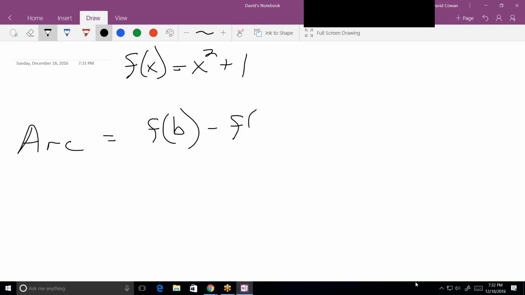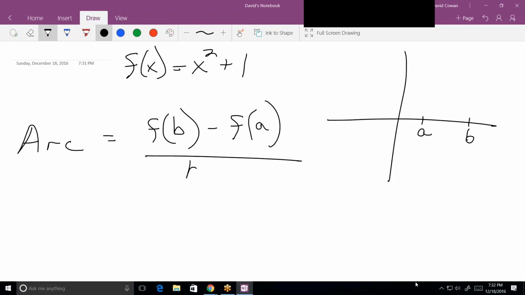In other words, if it's between a and b, then b is the first one you put, and the bottom has to be in the same order. As long as the bottom's in the same order, it doesn't really matter. I could do f of a minus f of b, as long as I did a minus b in the bottom, I'm going to get the same number.